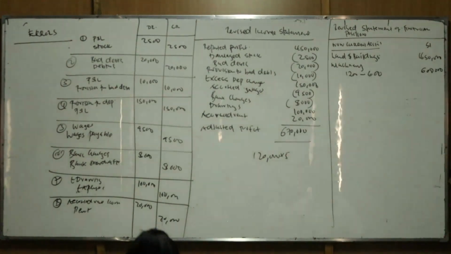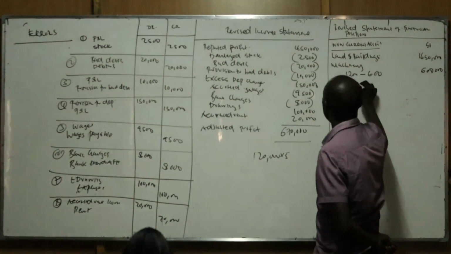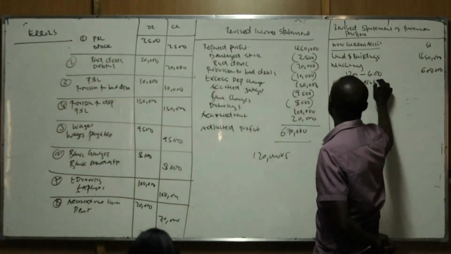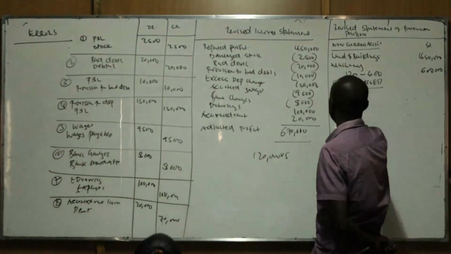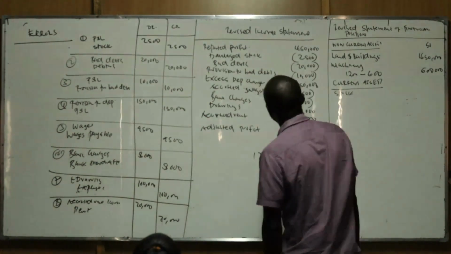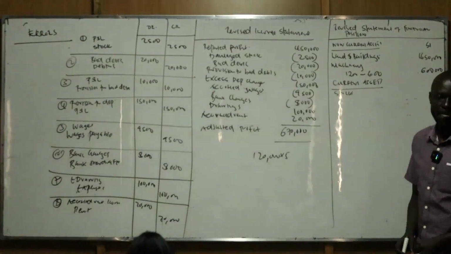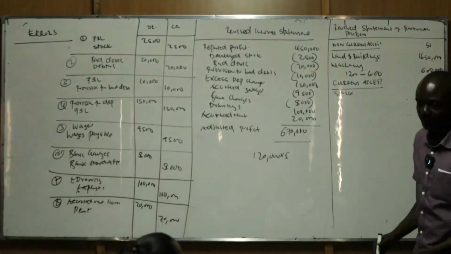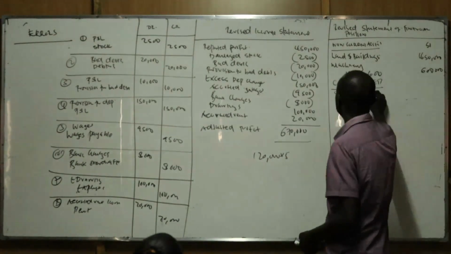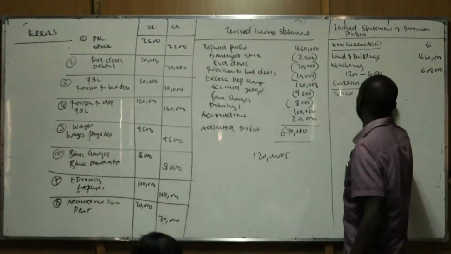We go to current assets. So for current assets we start with stock. So the stock value was how much, the one that is reported? 570, and we deduct this deduction of 2,500, isn't it?